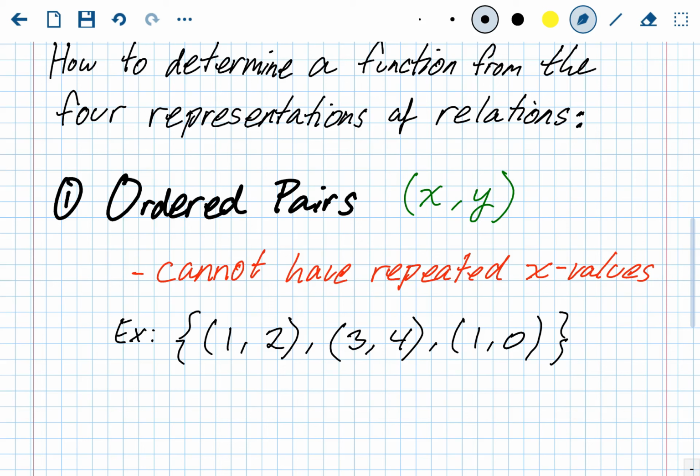But is this relation a function? All you have to do is look at all the x values. Remember, x comma y, x is going to be listed first. So our first x value is 1. The second x value is 3. The third x value is 1. Okay. Since these two match, those are the same. There is a repeated x value, which means this is not a function. So this is a relation, but it's not a function.